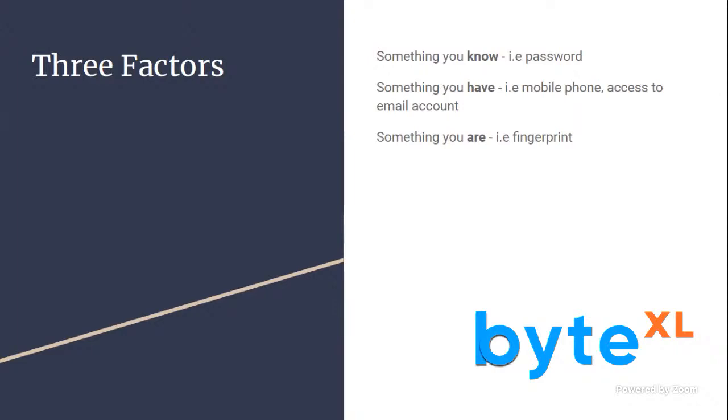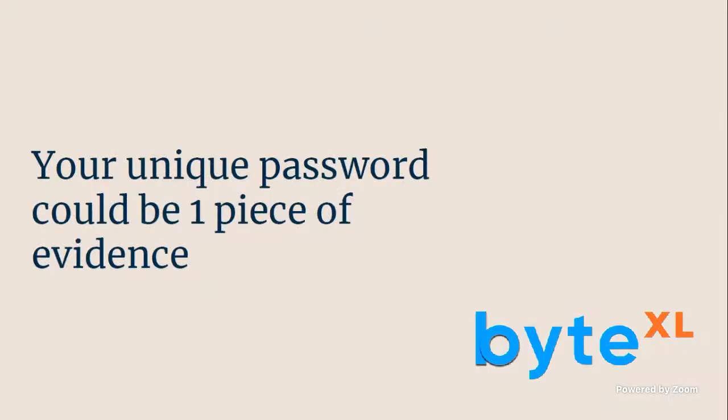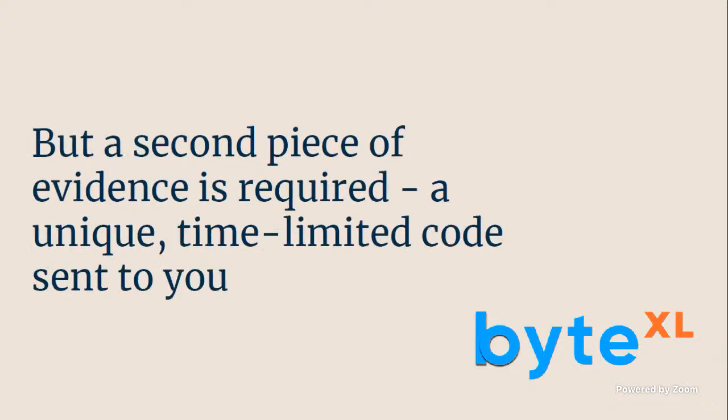For example, if you have your phone, the authentication method could be a fingerprint or face recognition. Some web applications make use of face recognition to match the face and identify the person. These are the different factors that could be considered for multi-factor authentication. Your unique password could be one piece of evidence to access multiple applications and services in the cloud.